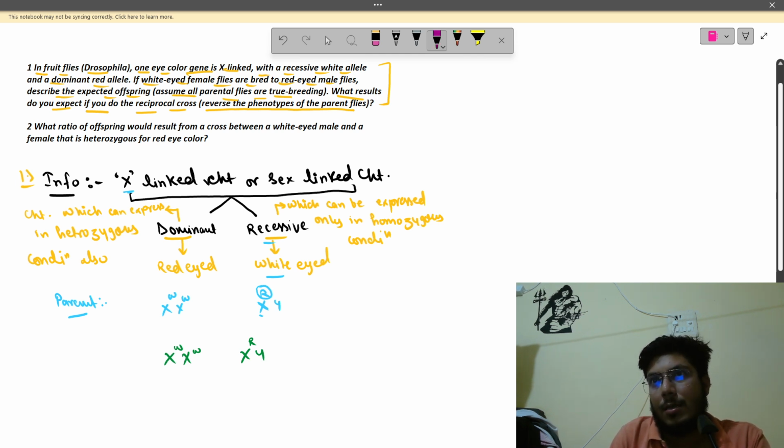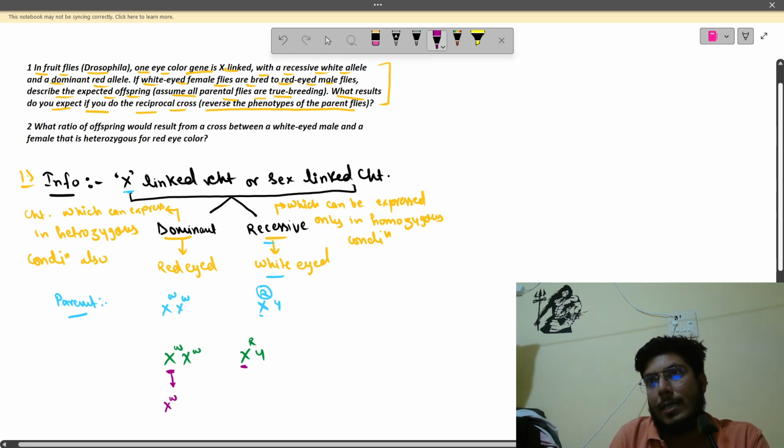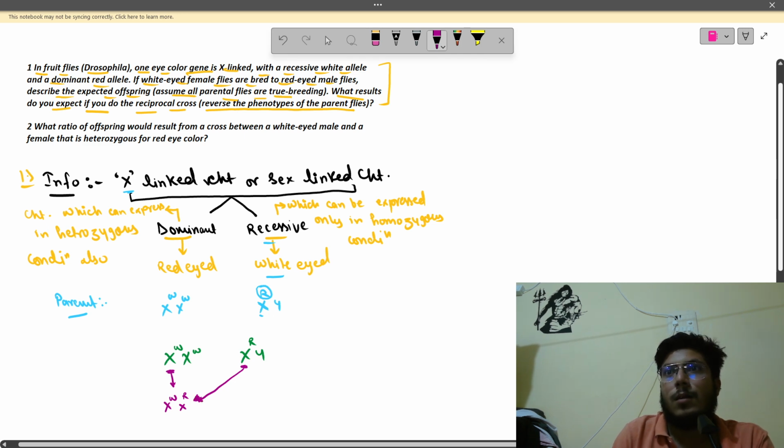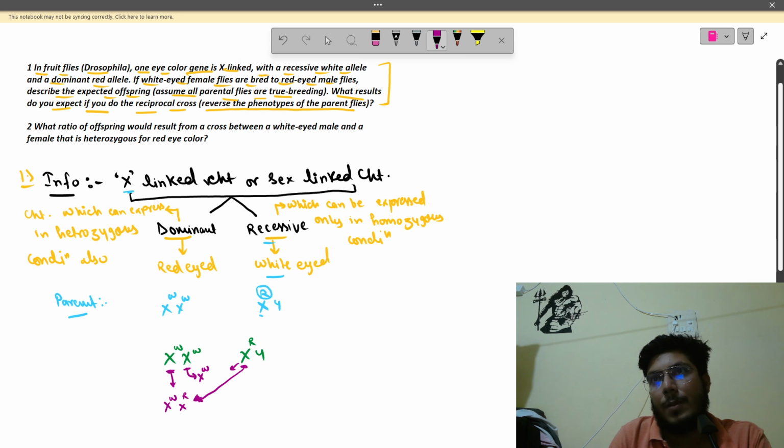For girls, one X chromosome will be contributed by the mother, and the other X chromosome will be contributed by the father.